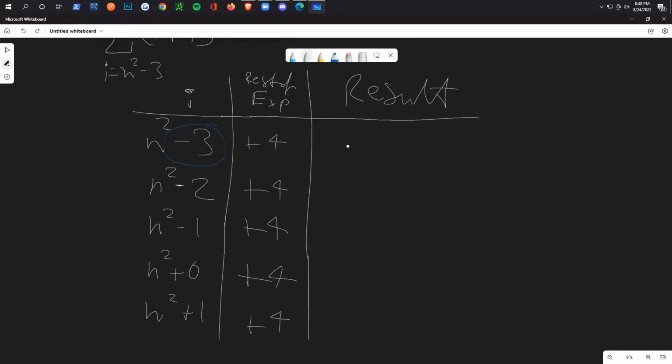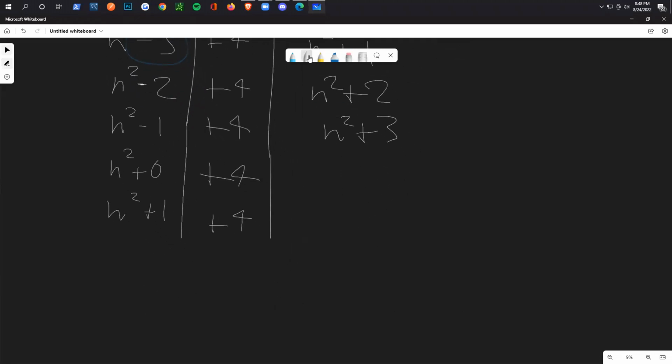So let's apply the full term. It's going to be n squared minus 3 plus 4 is +1. Minus 2 plus 4 is going to be n squared plus 2. Minus 1 plus 4, n squared plus 3. And yeah, let's just do these last two. So n squared minus +0 plus 4, n squared plus 4, and then n squared plus 5.